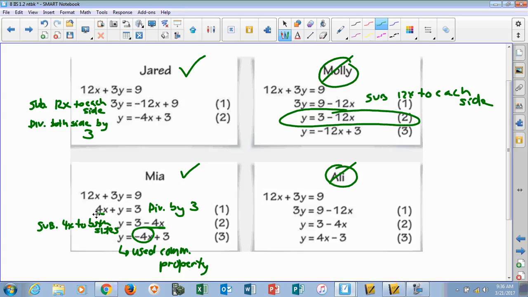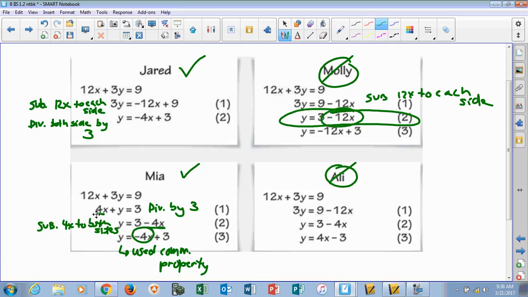She divided everything by 3, except she didn't divide the negative 12x by 3. So this technically should be minus 4x. So that's where she made her mistake. You got to divide every term when you divide through. Not just one. And that's the mistake she made, is she just divided one.